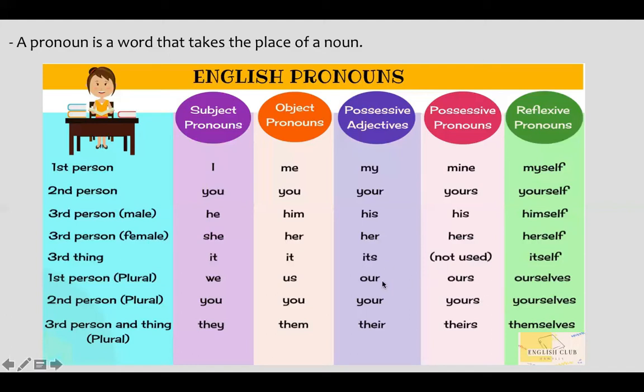Our and ours. The difference. Our here, for example, our car is old. I'm just using the same example so you guys can know the difference, okay? Our car is old. Let's say our bird is noisy. Okay, so I'm describing the bird that we're owning. Okay?